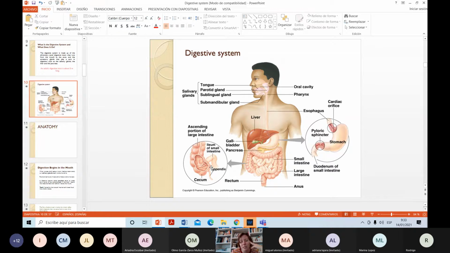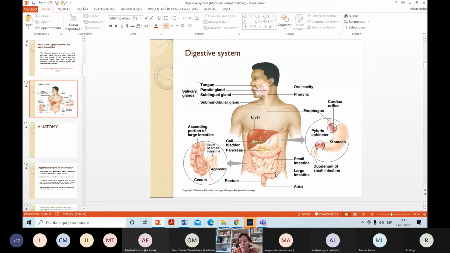We cannot digest cellulose. So if you eat any cellulose, this material containing cellulose will be sent out. But in the case of herbivores, they do digest it. They do it because they have bacteria living in the long cecum that will do the digestion of this cellulose, but we don't. Then we've got the colon.